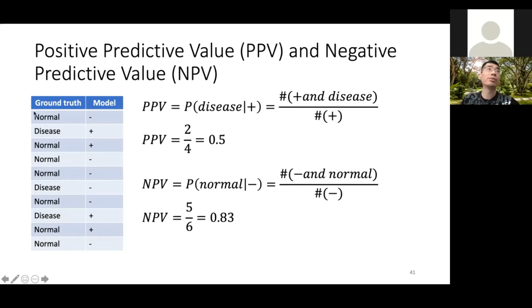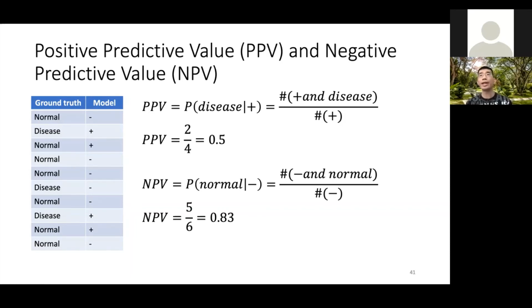So there is 1, 2, 3, 4, and 5, right? So this is 5 over 6 or 0.83.